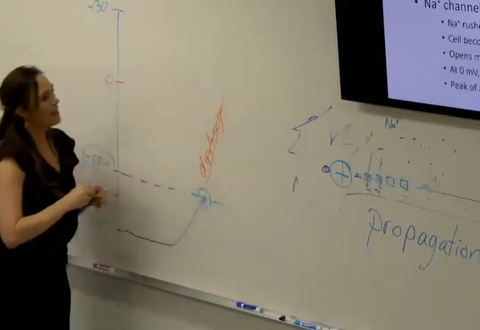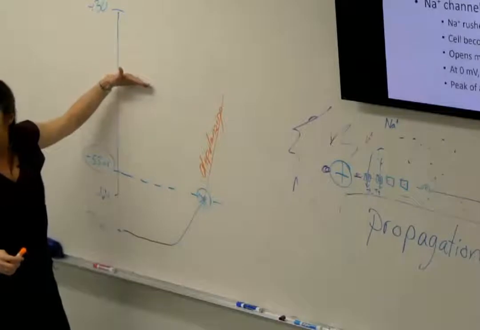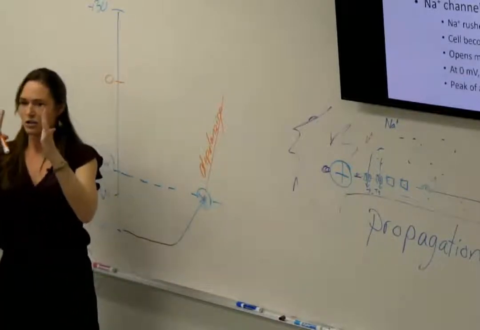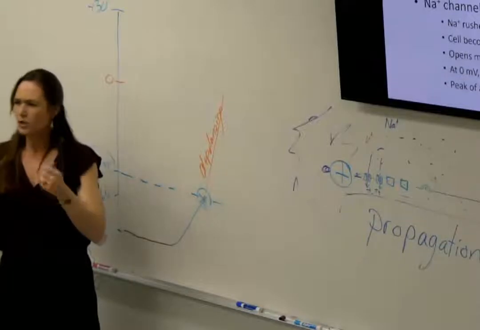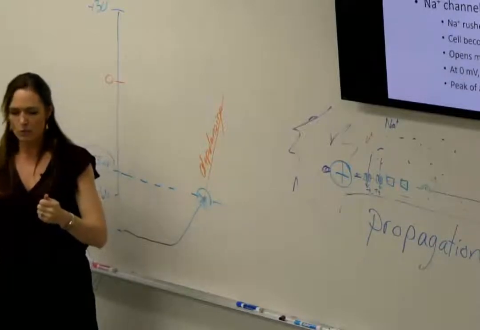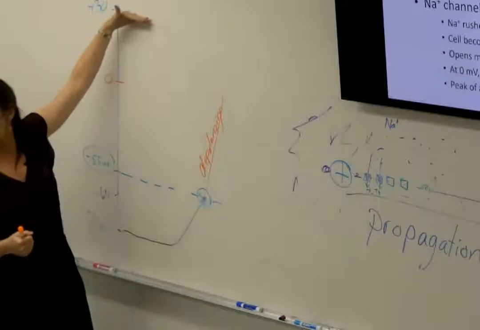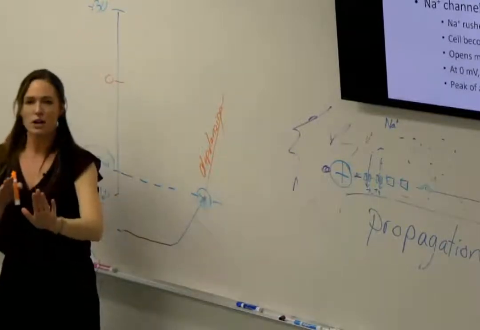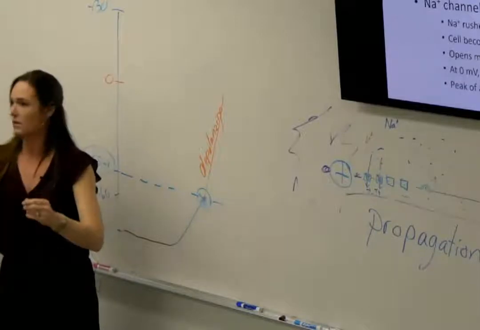Depolarizing. But at 0 millivolts, those sodium voltage gated channels are starting to close. It's like you're driving in your car and we know we need to be at a full stop at some point. So when you put your brakes on, you're not driving at 25 miles an hour and then 0, right?